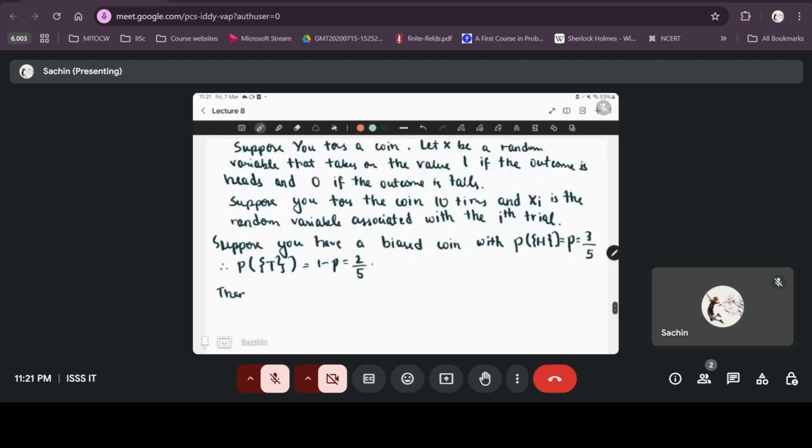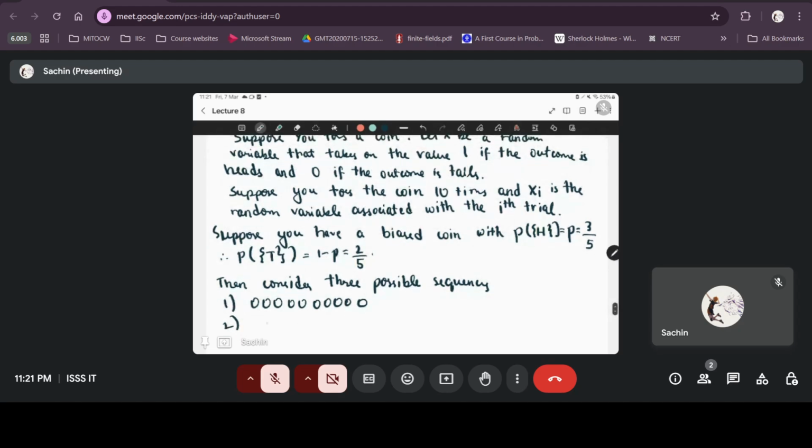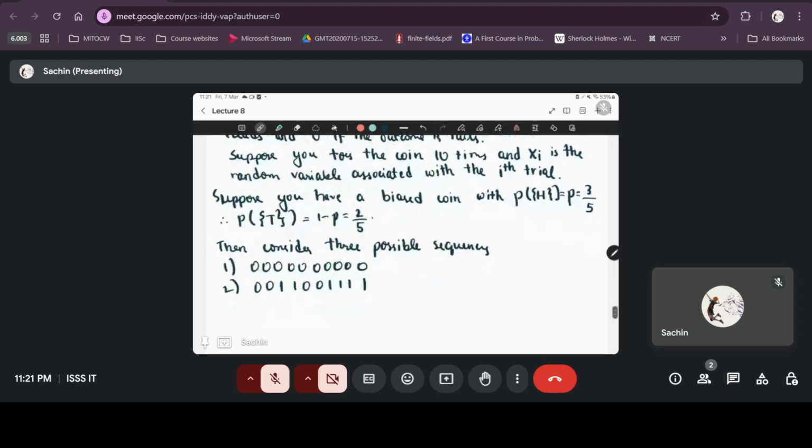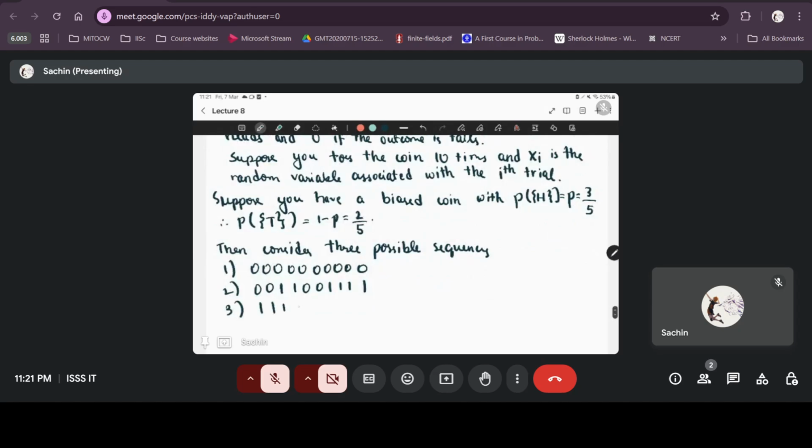Then consider three possible sequences. The first sequence is a sequence of all zeros. The second sequence is a sequence that contains four zeros and six ones. The third sequence is a sequence of all ones.